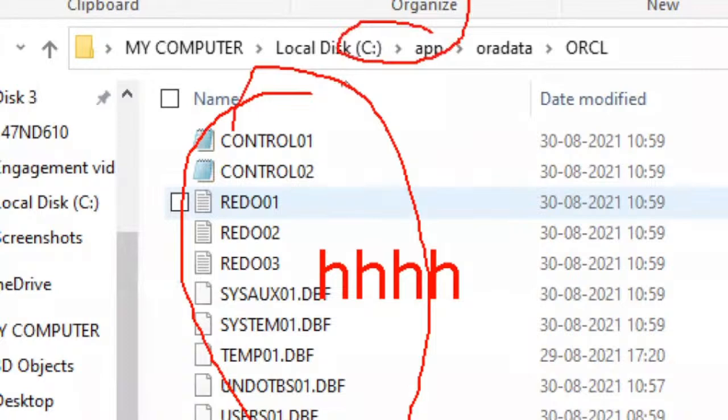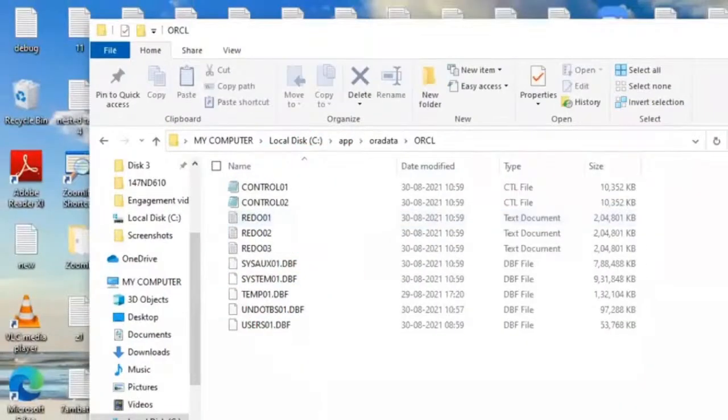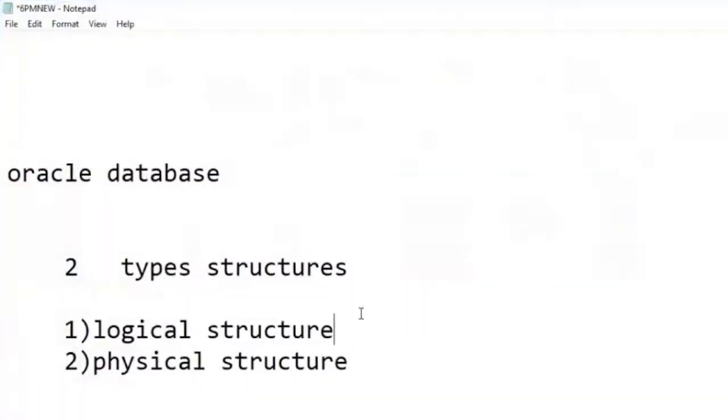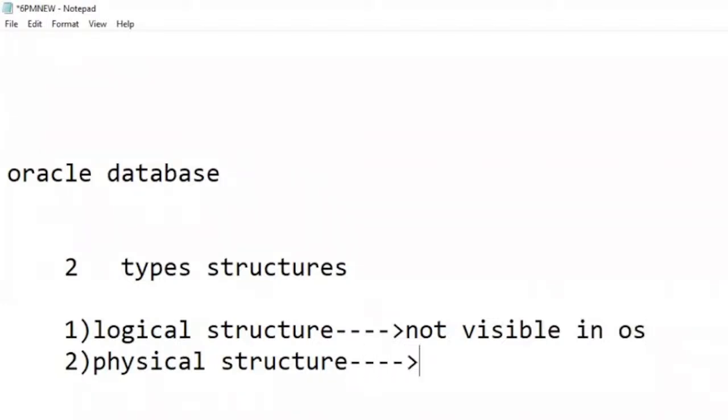That's why a logical structure means a structure which is not visible in the operating system. A physical structure means whenever we install Oracle, SQL Server, DB2, these software automatically create physical files, as I told you in the previous classes. That's why a structure which is visible in the operating system is called a physical structure.